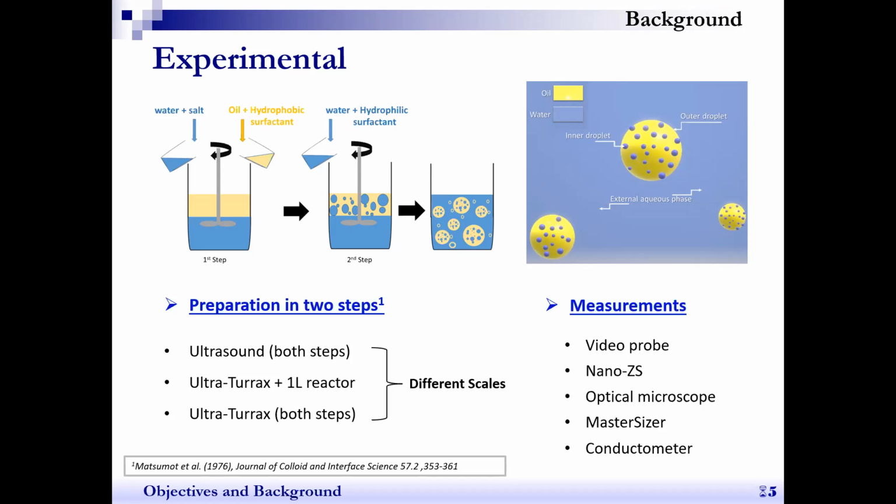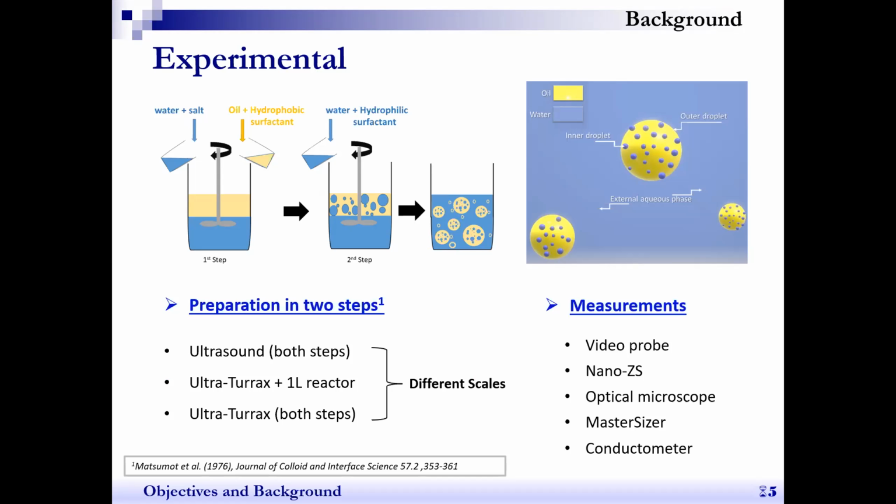The mixing is done under high shear. And after having the primary emulsion, we mix this primary emulsion with an external aqueous phase, which is water plus hydrophilic surfactant, under a lower shear rate in order to have a bigger size of outer droplets and also preserve the encapsulated substance, which was salt in our study.